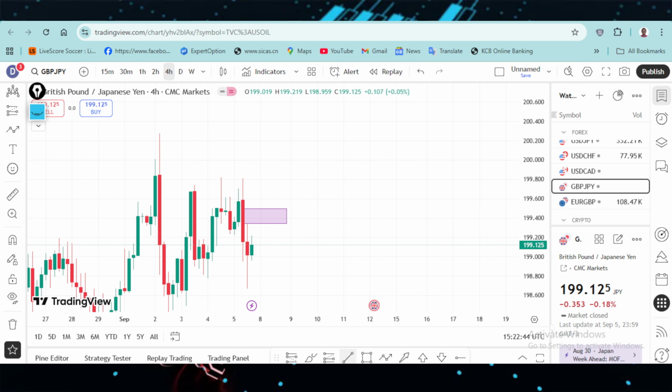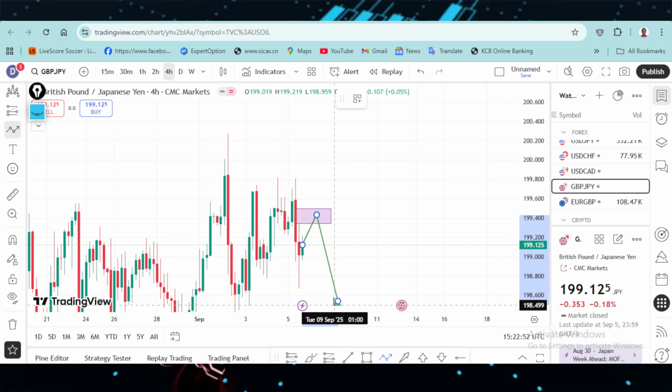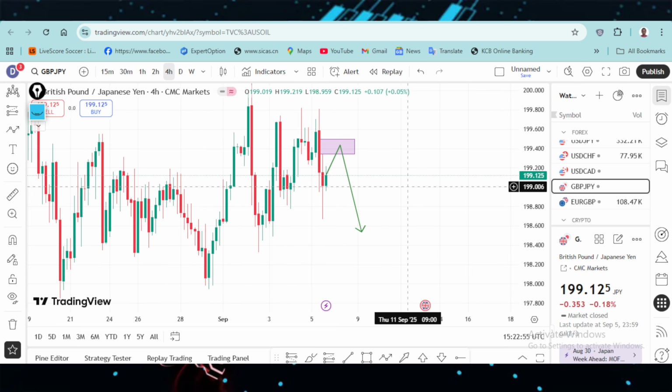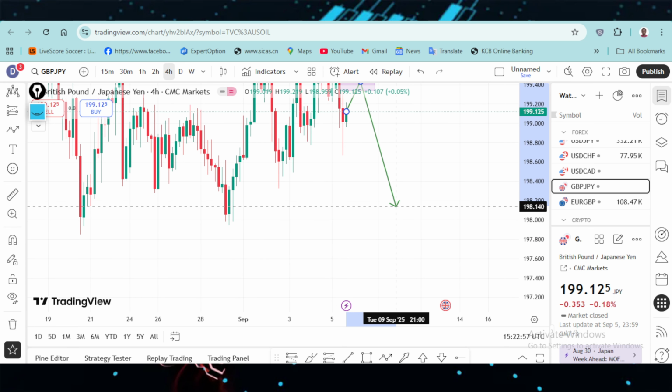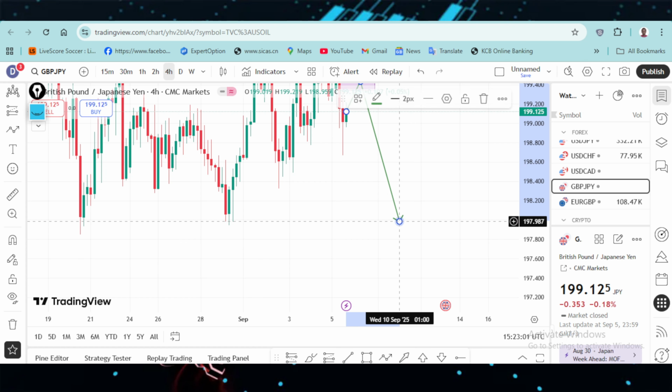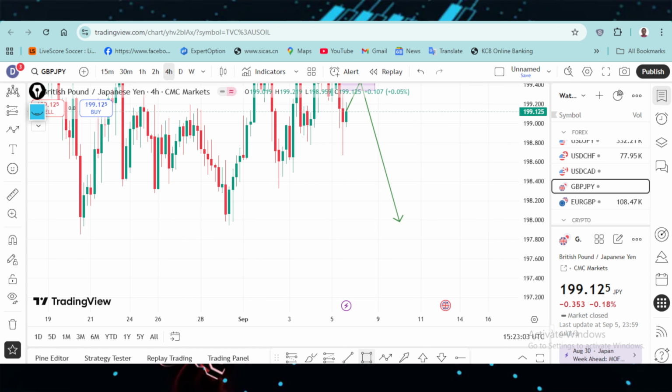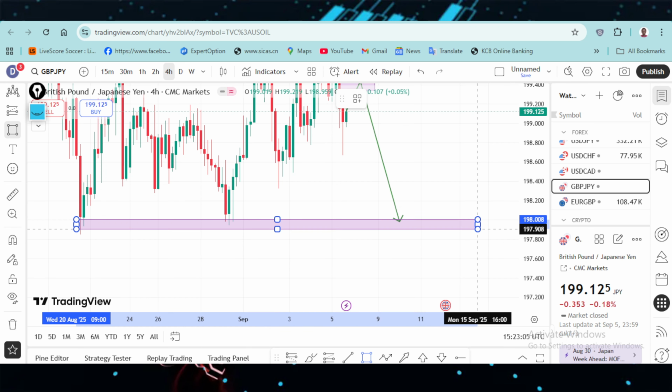It's already almost at that place. We need the market to touch here before we can see a further move down. My target is up to here, the low of this low, where we already have a structure below.